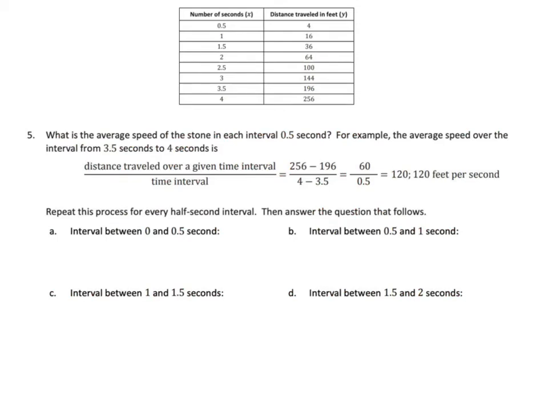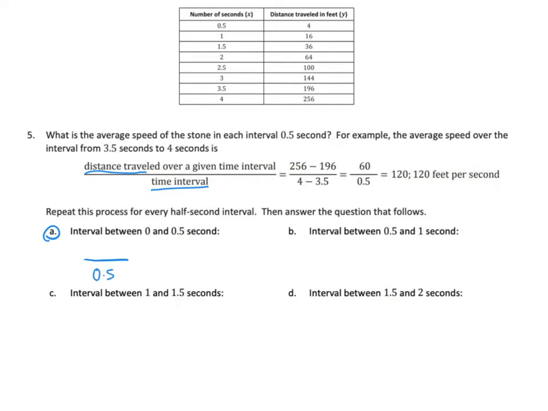All right, for number 5, we're going to be finding some averages here. It says, what's the average speed of the stone each interval of half of a second? For example, the average speed over the interval from 3.5 to 4 would be the distance traveled over the time interval. So let's start with A, between 0 seconds and half a second. Well, the time interval there is half a second.